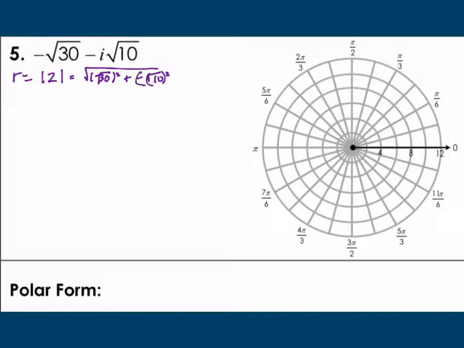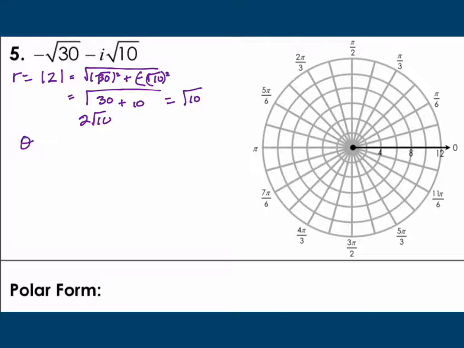So that's equal to 30 plus 10, which is the square root of 40. So you have 4 square root of 10. Not 4 square root of 10, taking out the 4, 2 square root of 10.